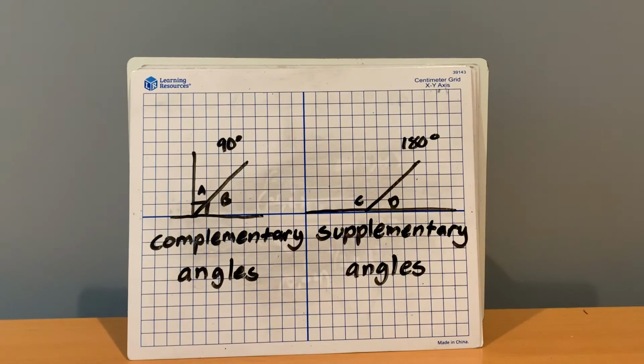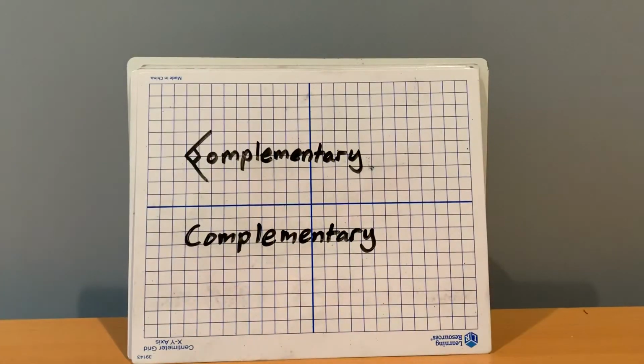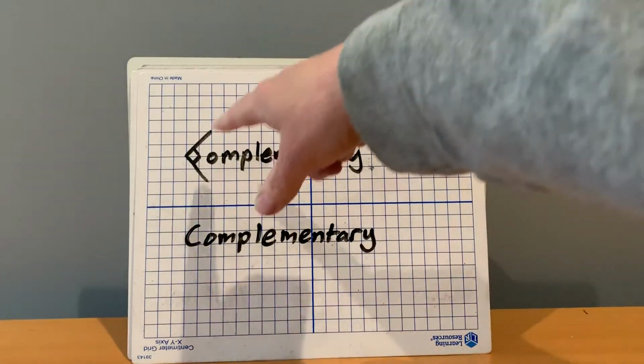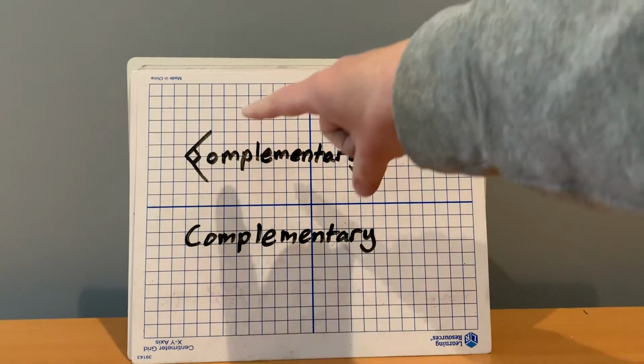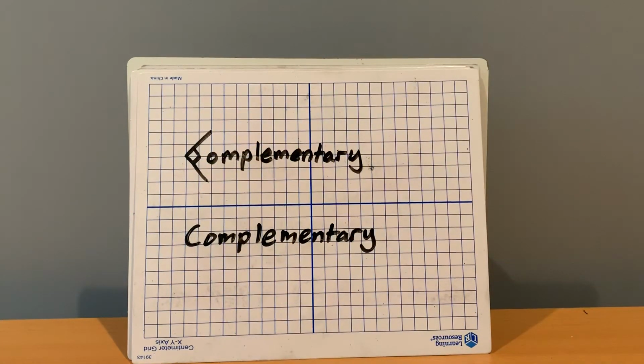Now the book gives us a little trick to remember these angles. And I know it sounds cheesy, but it actually does help. If you look at this, the right angle formed here kind of resembles a C in complementary. So you can think of a right angle, a 90-degree angle, forming the C in complementary.